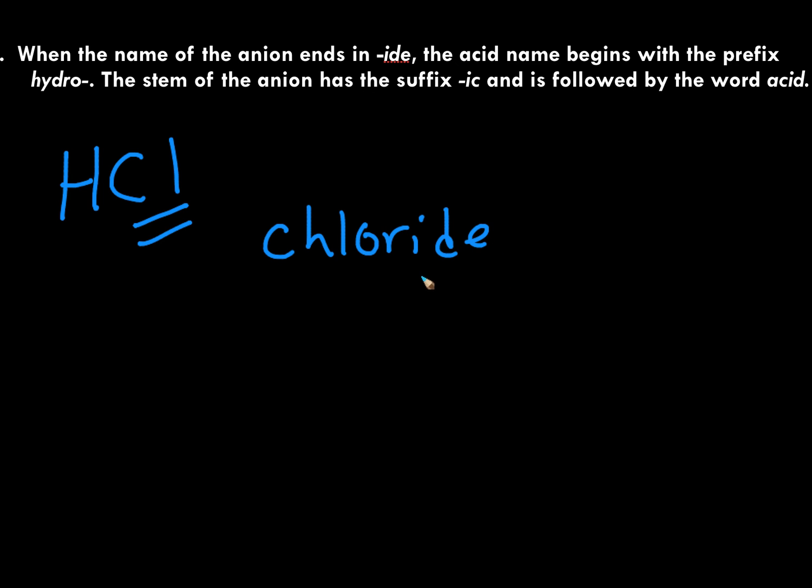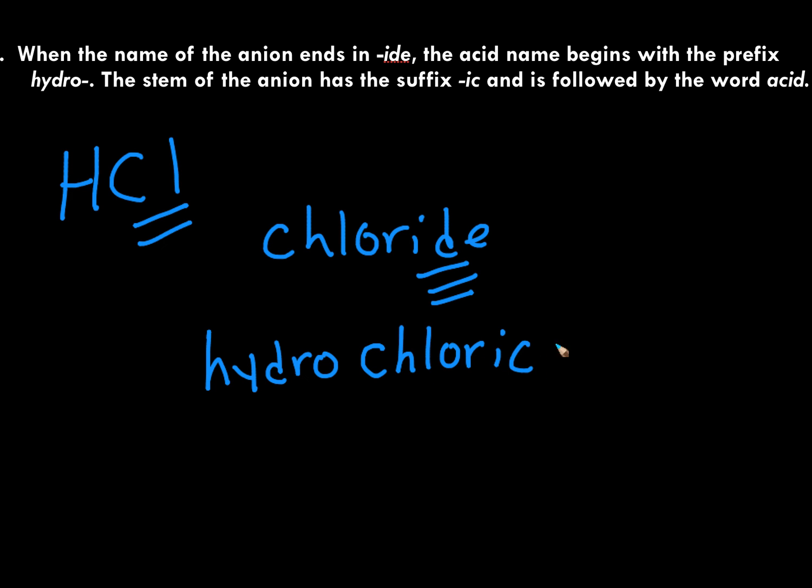So our anion ends in IDE, and it's a binary acid, so we're going to have hydro, the stem of the anion, chlor, and then IC, so hydrochloric acid. This is one word, hydrochloric acid.